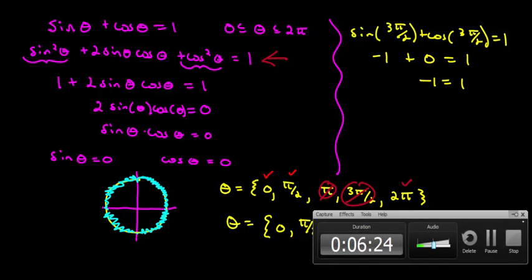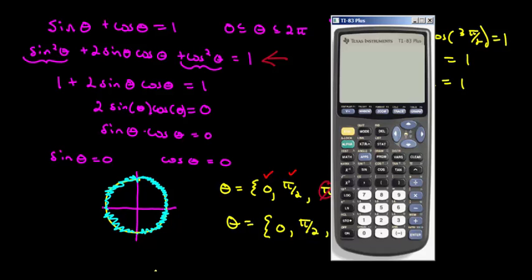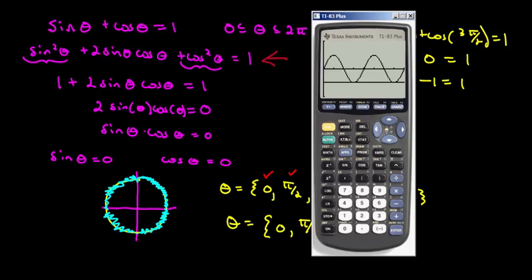Before I close it out, let's check that on our calculator. Let's clear out what we've got. We want the sine of x plus the cosine of x, and we want to know when it is equal to a height of 1. Between 0 and 2 pi, let's go by pi over 2 to make life a little bit easier.